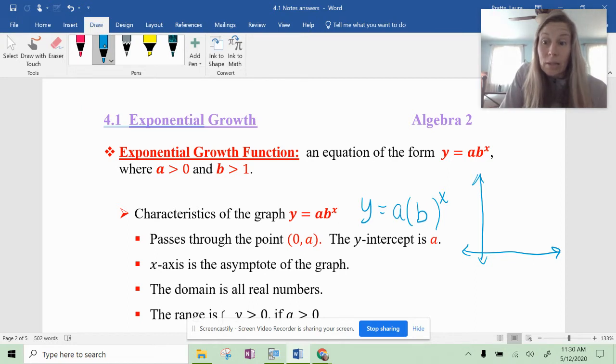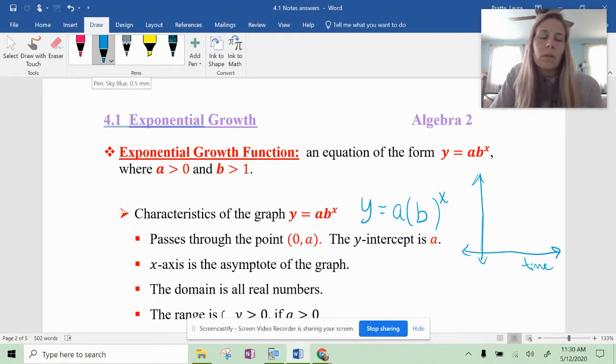So it has to be in this quadrant. Whatever that initial amount is, because this is usually going to be represented by time, your x will be your time, so you can't start out in negative time either. So if you're going to start out at time 0, what's the amount of money you're starting with, or what is the population you're starting with, or whatever it happens to be, that a value will be your starting point. So that'll be your y-intercept.